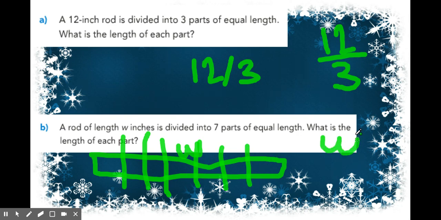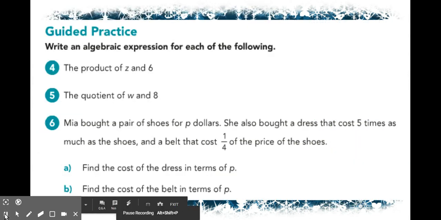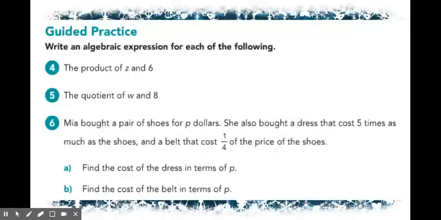Well, I know I'd take my entire length and divide it by the 7 pieces, and that would give me my value. Go ahead and solve these 4, 5, and 6, and once you're done, unpause the video and you can check your answers.